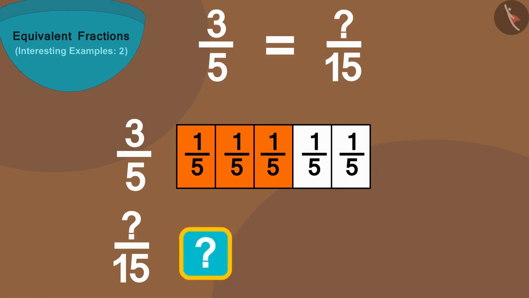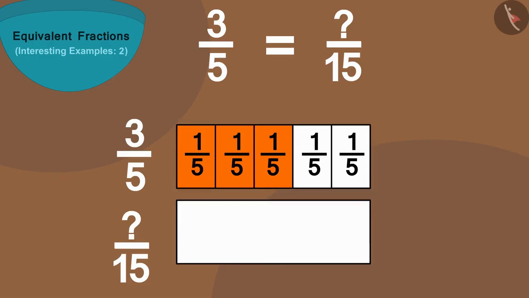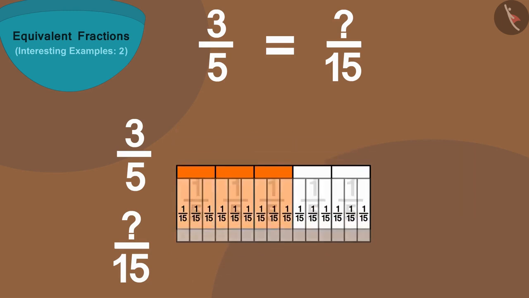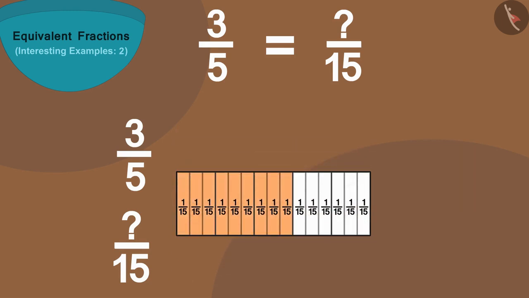15. Come, let us make a strip of equal length of this strip just below it and divide it into 15 equal parts. Now, if we put this strip on top of the first strip in this way, we will find that 15 parts of this strip are equal to 5 parts of the first strip.